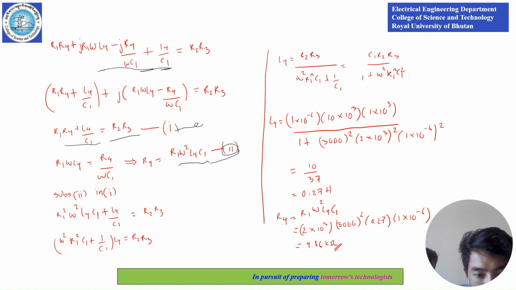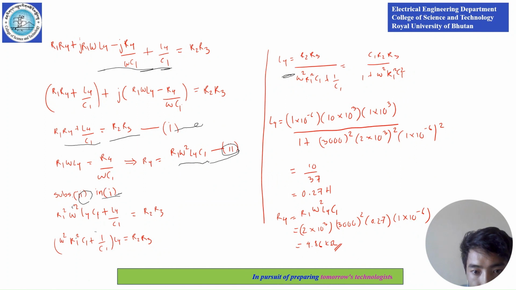Then we substitute equation number 2 in equation 1. We get R1 square omega square L4 C1 plus L4 divided by C1 equals R2 R3. We take L4 common and move the other parts to the other side, and we get L4 equals C1 R2 R3 divided by 1 plus omega square R1 square C1 square.